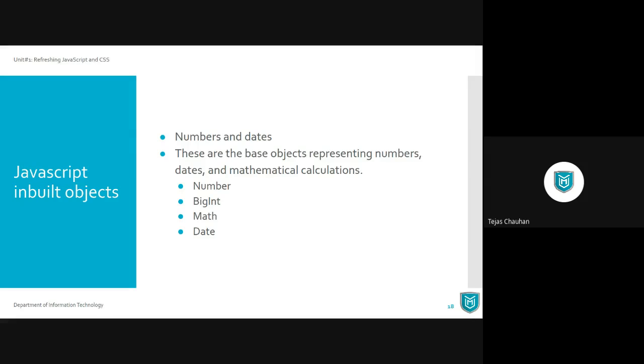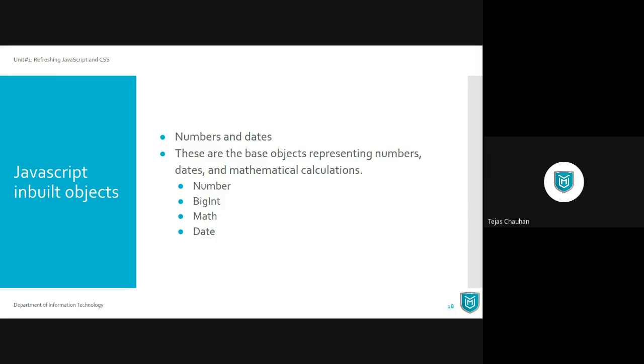Then there is a date object. So if you want to work with a date, then you can use the date object, where you can parse a particular date, and you can extract day, month, year, and all those things. Even using the date object, you can fetch the current date and time using the now function, right?